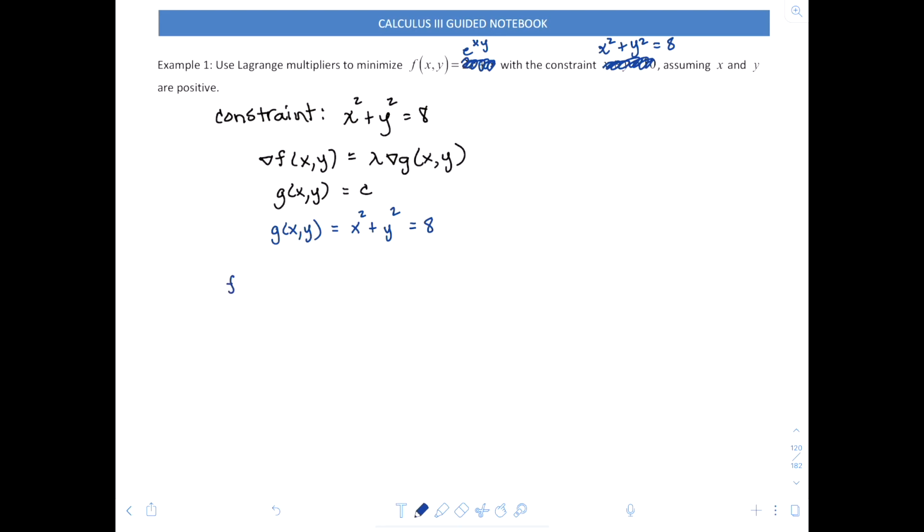Looking at our system, fx(x, y) equal to lambda times gx(x, y) is going to give us y e to the xy is equal to lambda times 2x.